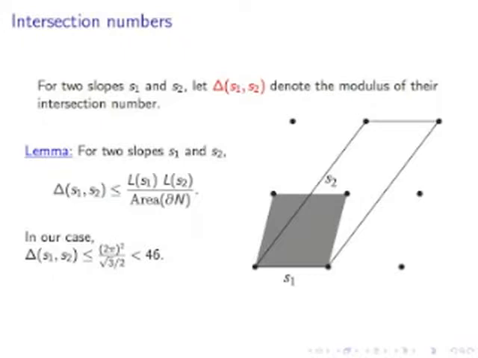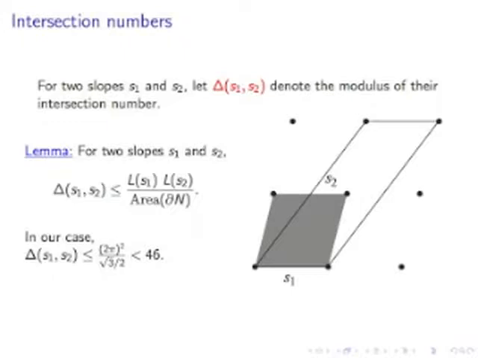And here's the proof of it. Here's S1, a geodesic in the plane. Here's S2, another geodesic in the plane. They span a parallelogram. The area of that parallelogram is equal to the area of the torus multiplied by the intersection number of the slopes.